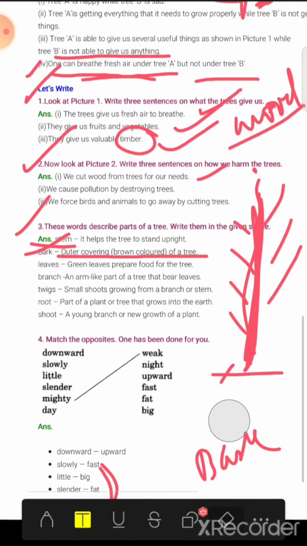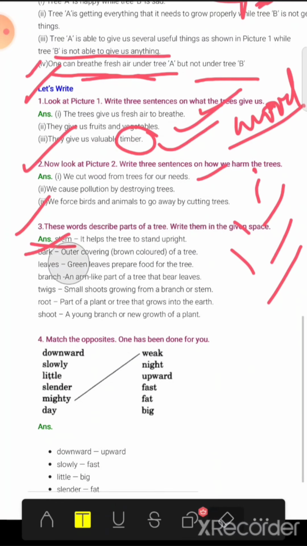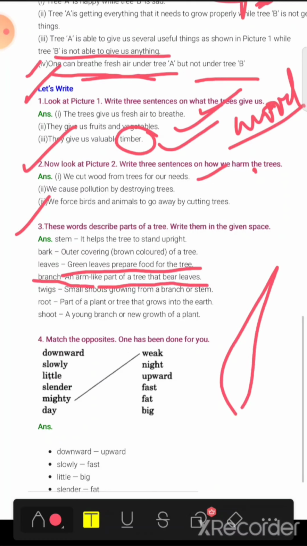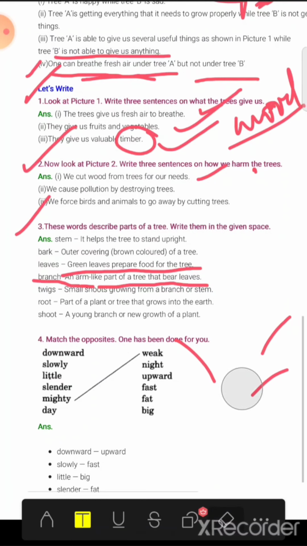Now let's read the third word, leaves. Green leaves prepare food for the tree. Branch: an arm-like part of a tree that bears leaves. So these are the branches of a tree.